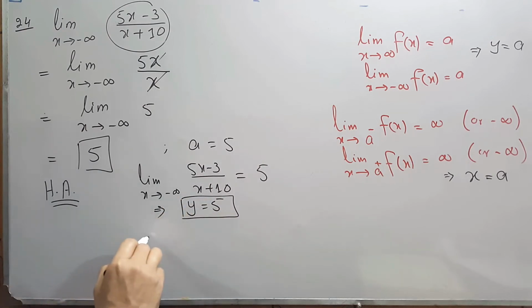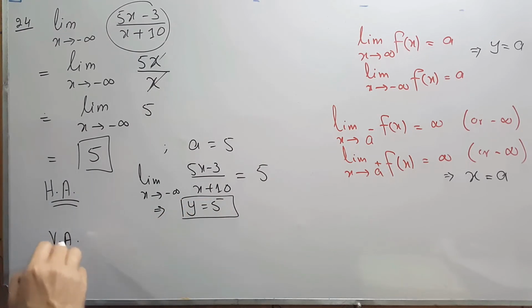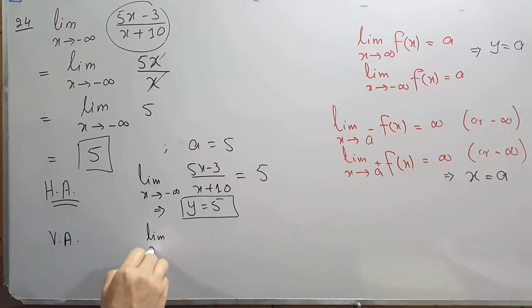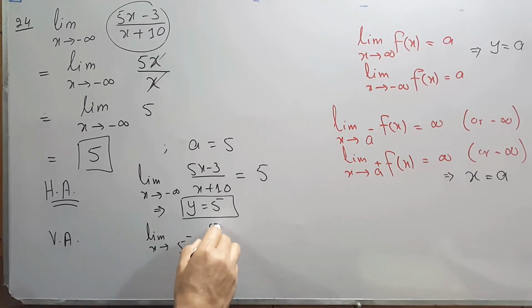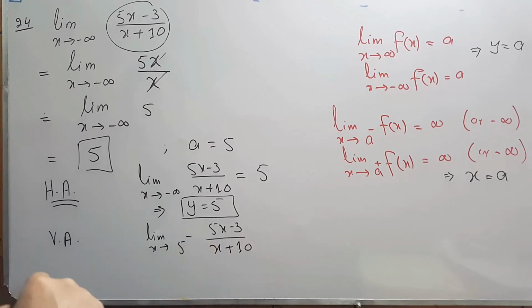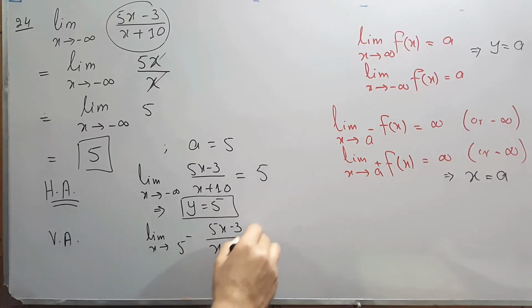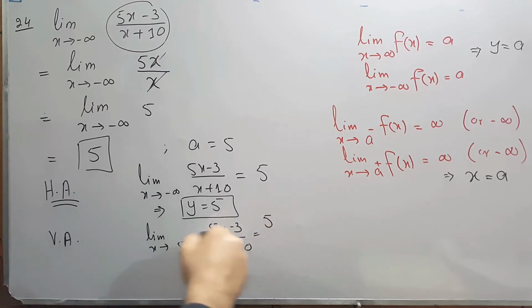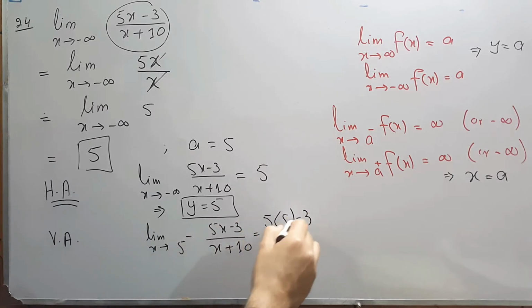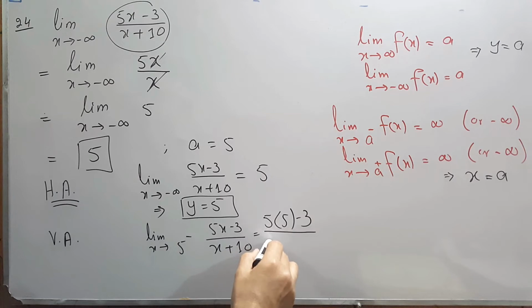Similarly, for the vertical asymptotes, we say the limit as x approaches 5 from the negative side of 5x minus 3 over x plus 10. Again, if we apply the value straight away over here, this gives us in the numerator 5 times 5 minus 3, and in the denominator 5 plus 10.